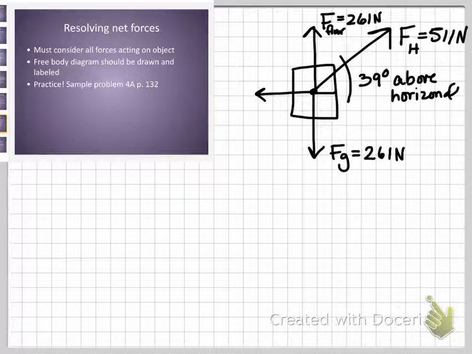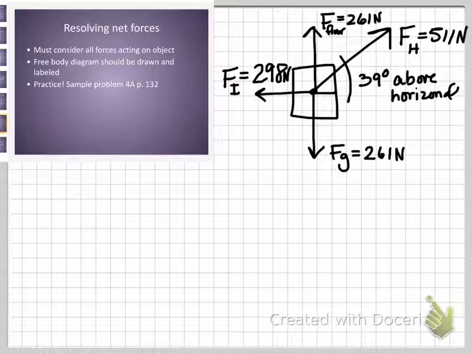I have the force of Hannah pulling on this thing, or pushing, we don't really know, at 511 newtons above the horizontal. And who shall oppose you, Hannah? We'll have you and Ireland battling this out. But Ireland's only exerting a force of 298 newtons, and hers is directed straight along the floor, 0-degree angle.